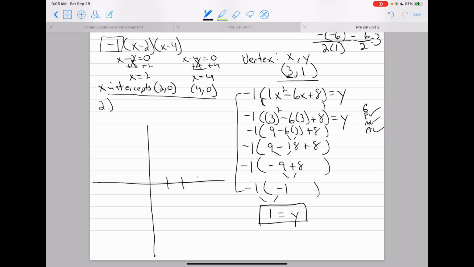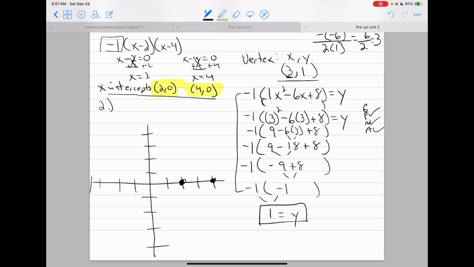Let's just go ahead and sketch a graph. My first x-intercept was at 2, 0. X is 2, y is 0. There's the first one. My second x-intercept was at 4, 0. X is 4, y is 0.